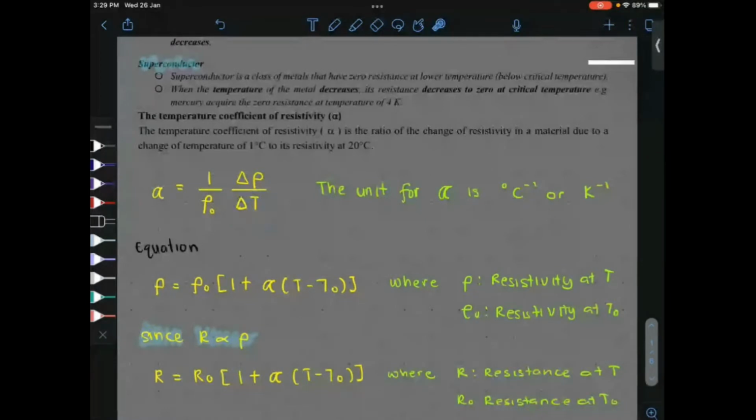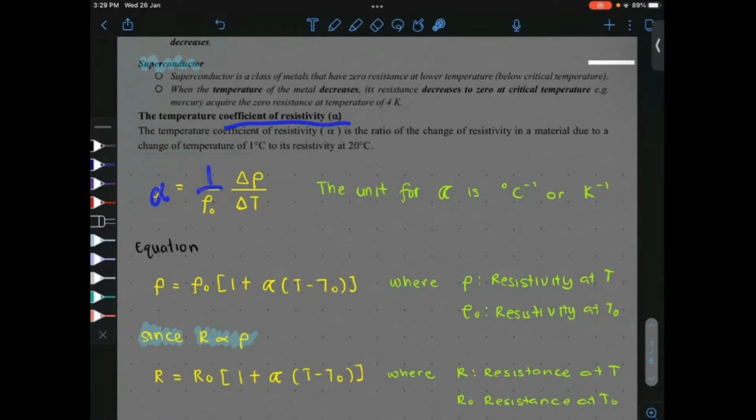So ini basically adalah ratio of the change in the resistivity to the change in the temperature. Okay, so equation dia by equation pula alpha dia, which is coefficient of resistivity, adalah 1 over R naught.